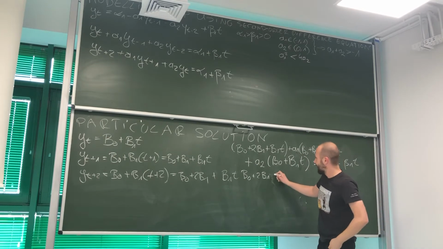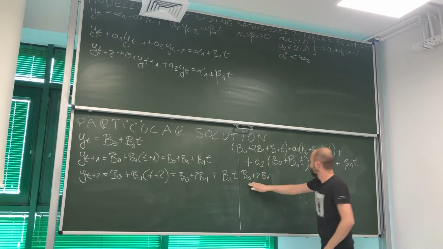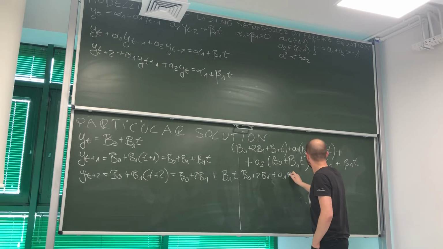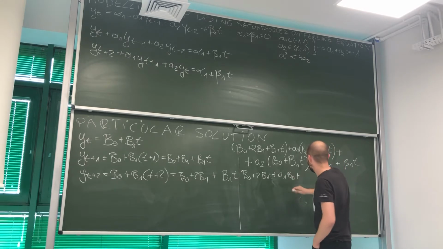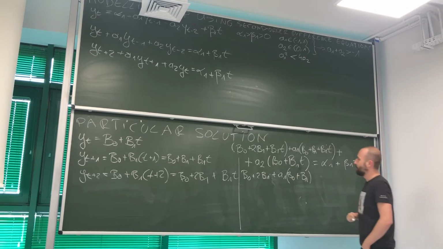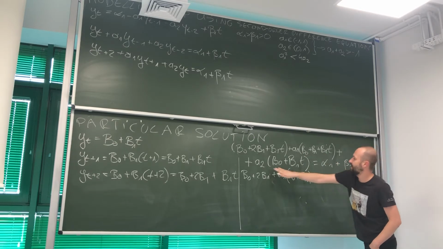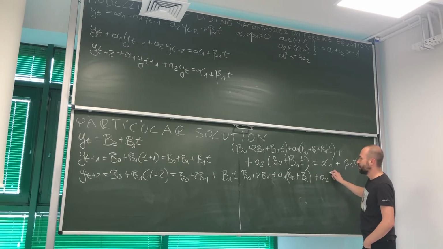We will have b0 plus 2b1 plus a1 b0 plus a1 b1, right? From this, and finally we will have plus a2 b0.